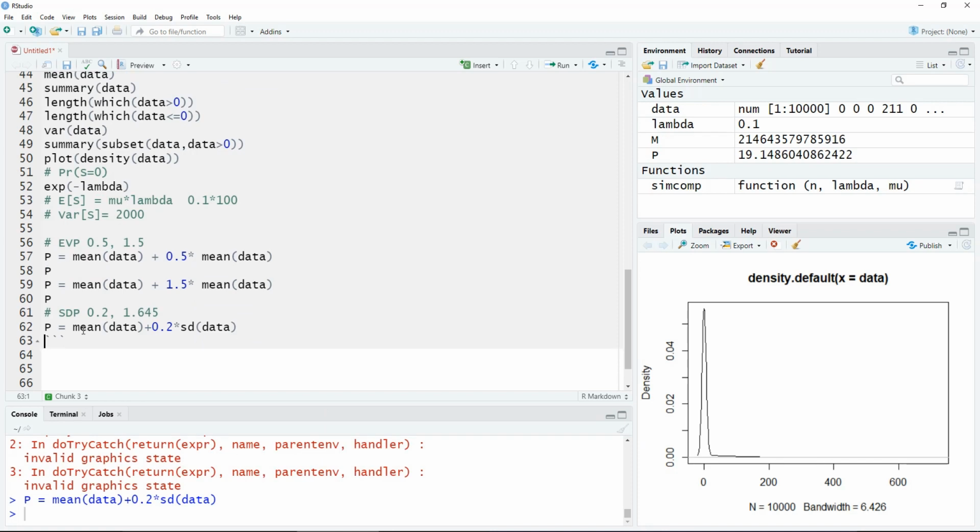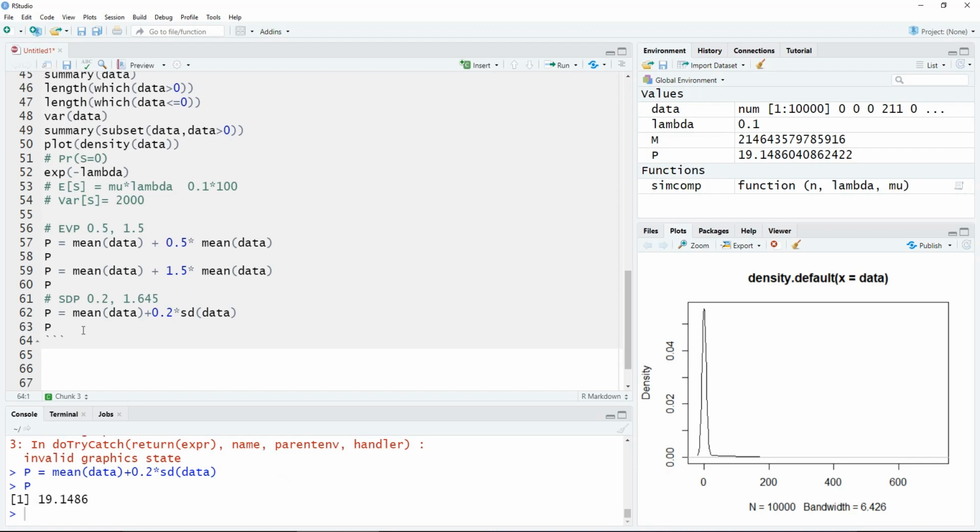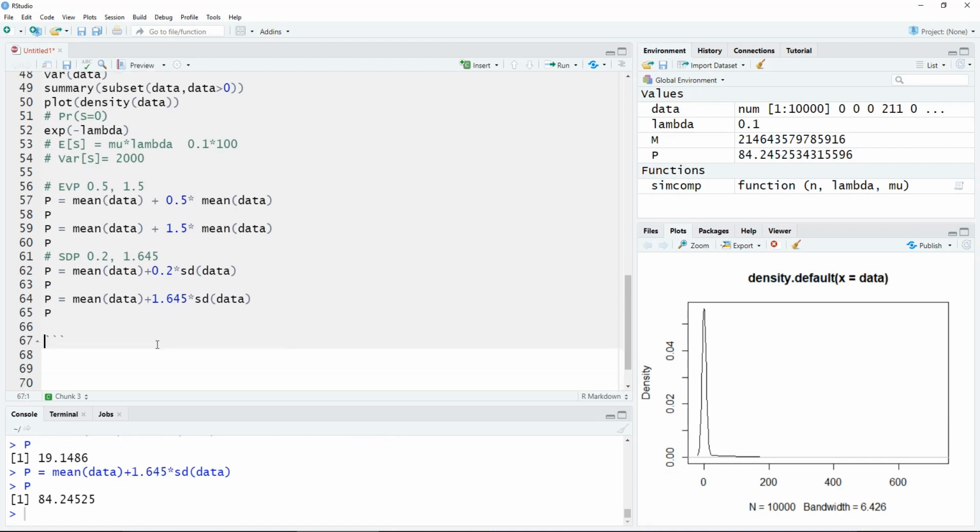Okay, what was the result? So P is 19.14 in my case. And the second option is 1.645, and premium, of course, will be lots and lots higher, 84.24.